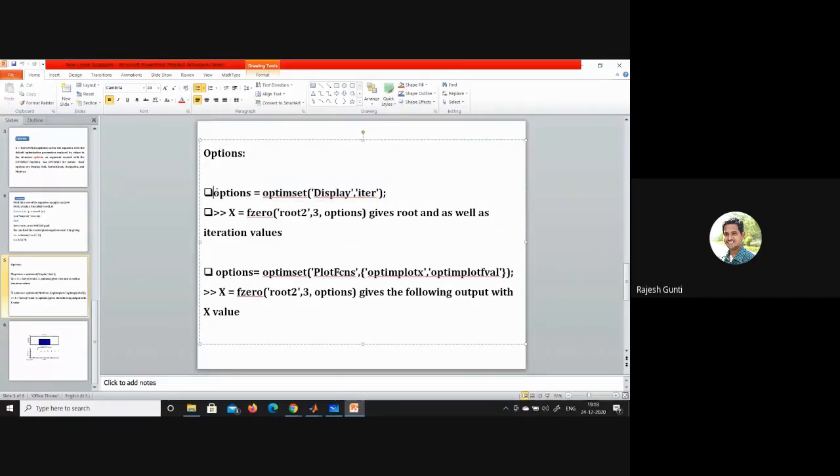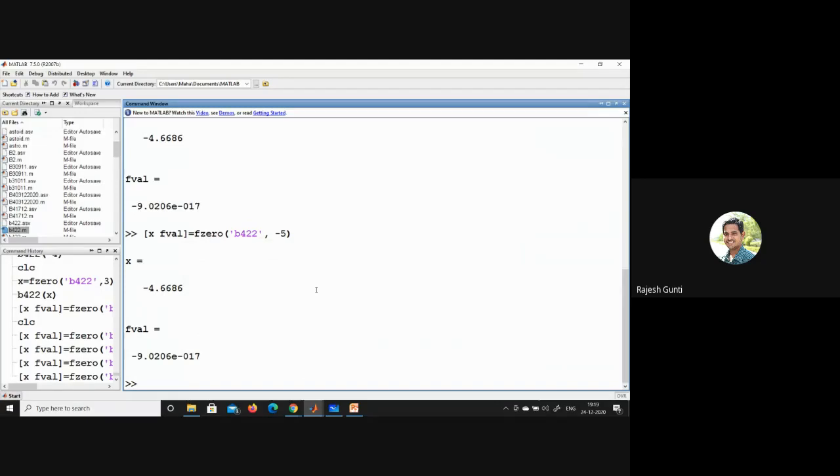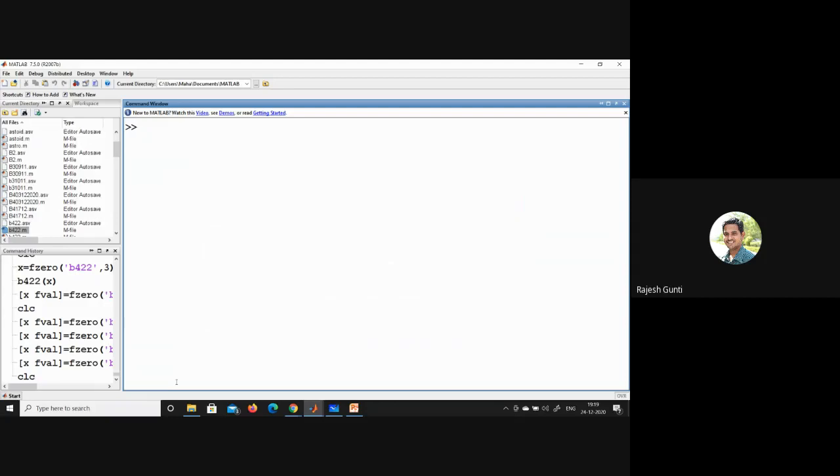Okay. Control C. I'm taking the Control C. Let's copy that. I want to display the iterations. I want to see the iterations of this fzero. x is equal to fzero, and the initial value, I'm taking the initial value as 3. First, the options we have to define.